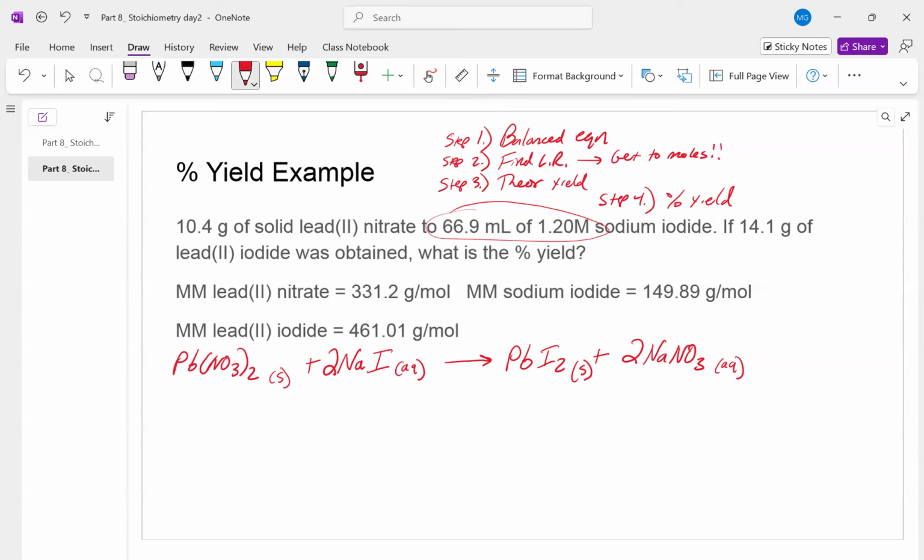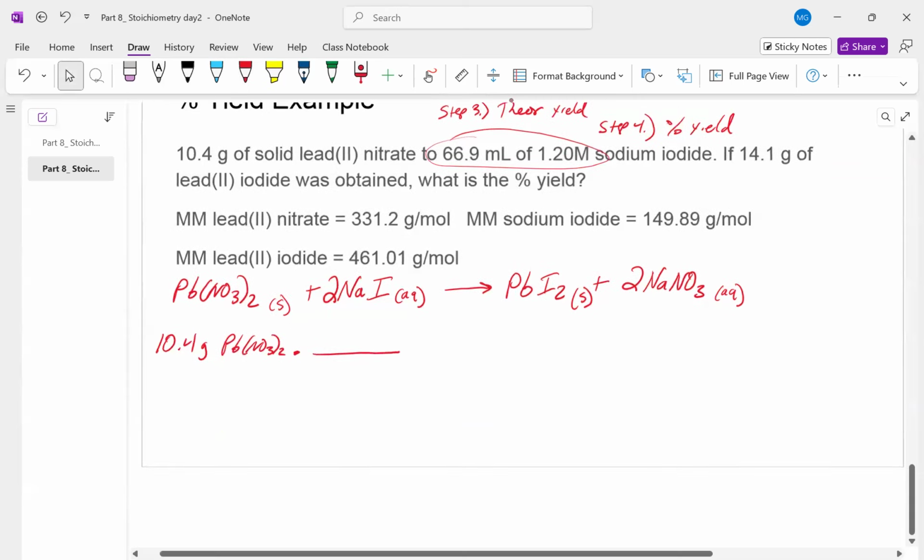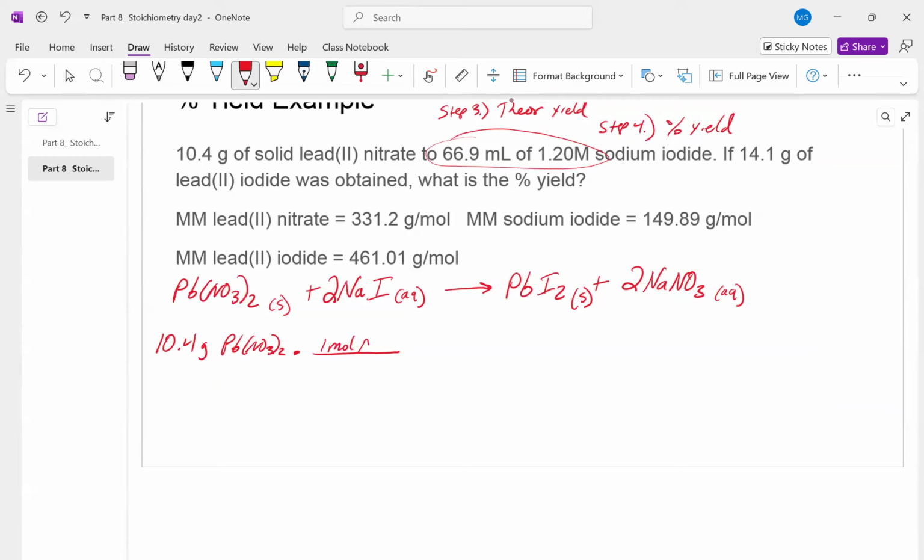So let's start with the lead nitrate. We have 10.4 grams of lead nitrate. And what do I need to go to moles? I need the molar mass. The problem gives it to us: 1 mole of lead nitrate weighs 331.2 grams.